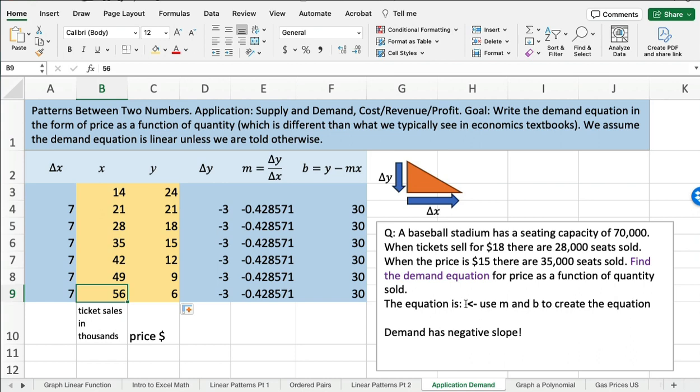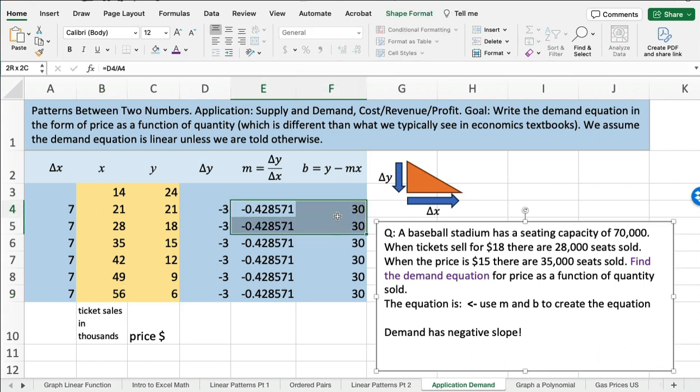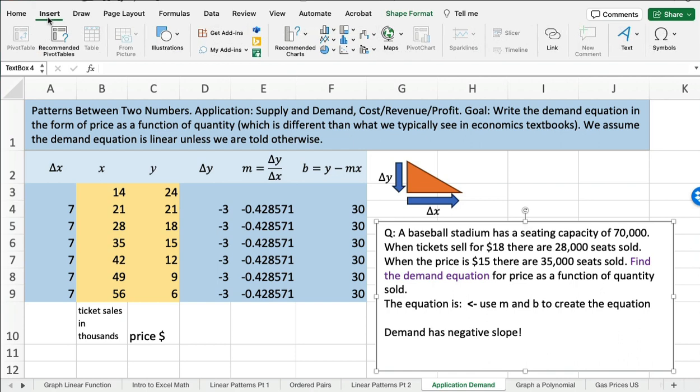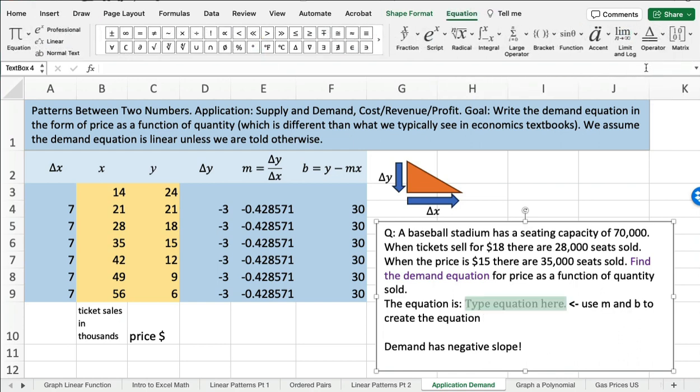All right, so we're almost done because our spreadsheet just automatically calculated both our M and our B value. So we're just going to plug those into our equation. The equation is y equals, and we take our slope, which is negative 0.43, rounded, and multiply that by x.